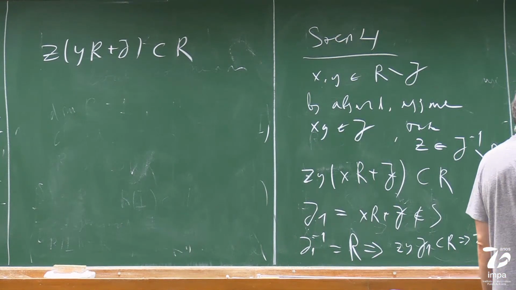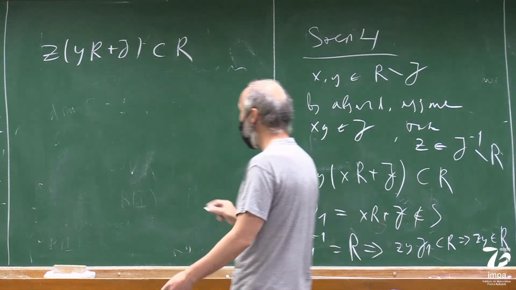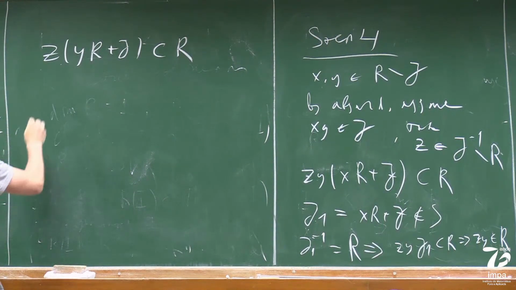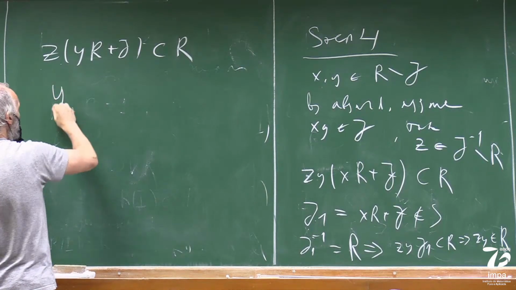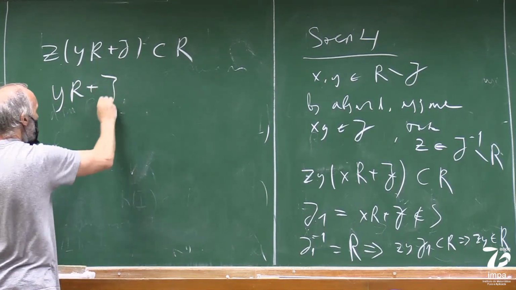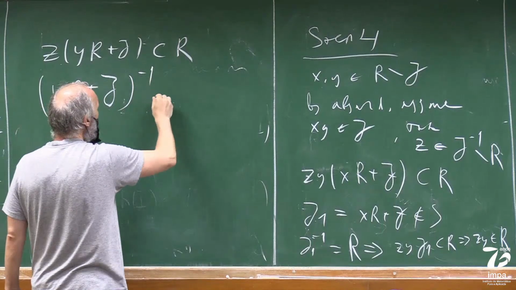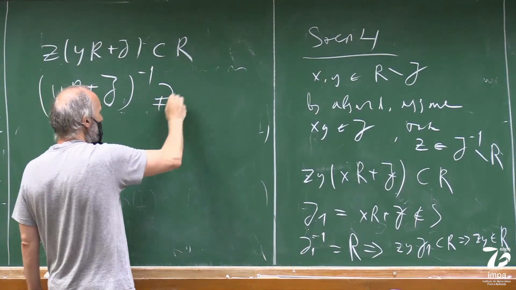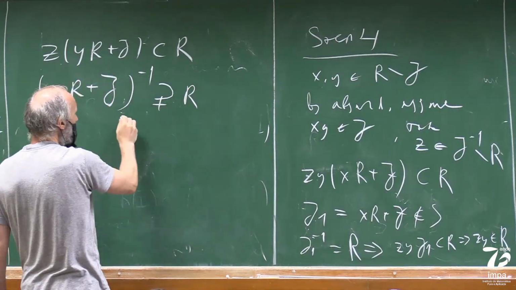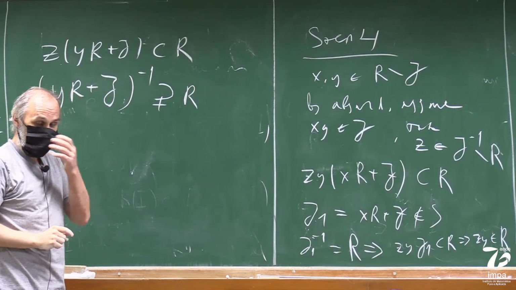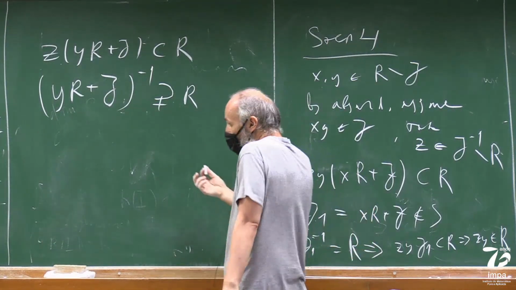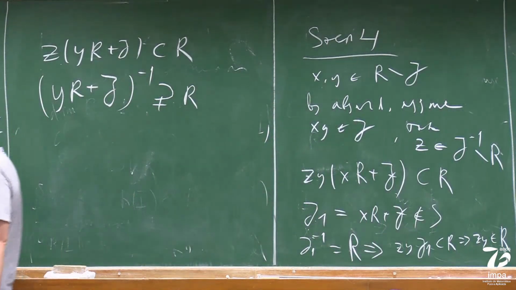Okay, and this implies that, but z is not in R, this implies that (yR plus J) inverse strictly contains R, because it contains z. And this is a contradiction. We found a bigger ideal which also has this property, which doesn't belong to S. Can't be.